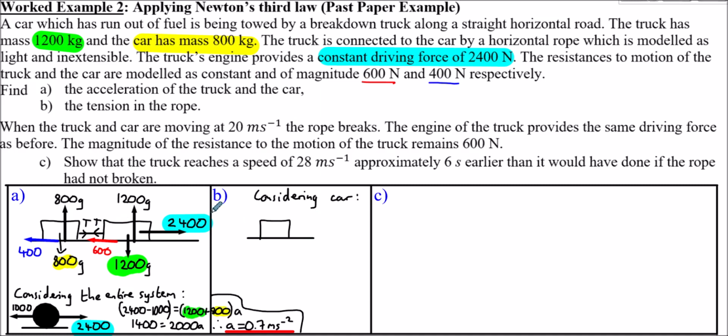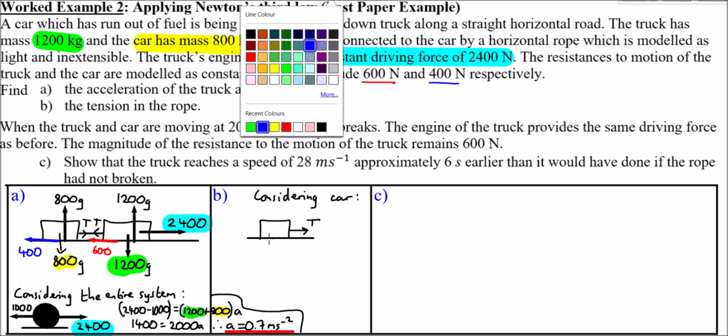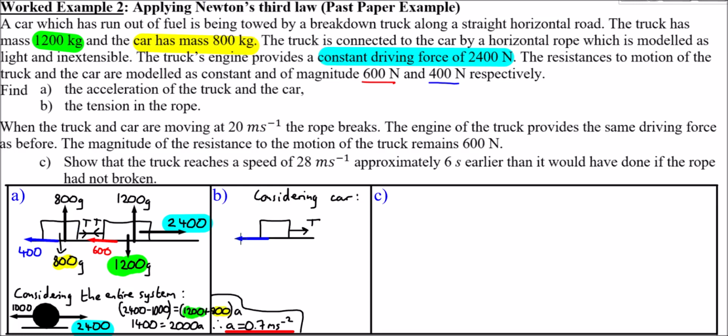As you can see here, it's got a tension force going that way, which I'll call T. Its resistive force is still this 400, so I'll label this on again. And that's the only horizontal forces acting on this car. Yes, there's vertical forces, but the acceleration is just happening horizontally. So to be honest, we don't need to worry about those in this particular context.